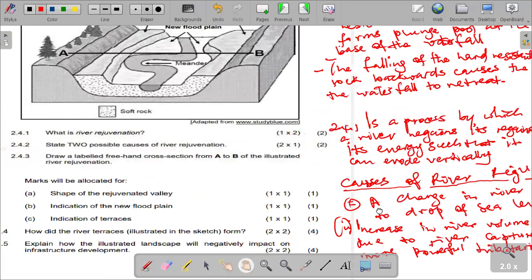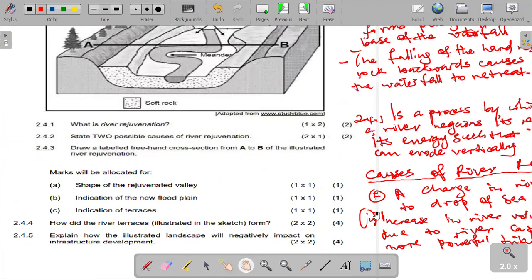So the next question is saying, draw a labeled freehand cross section from A to B of the illustrated river rejuvenation. The question wants us to draw A to B of a cross section of the illustrated river rejuvenation.